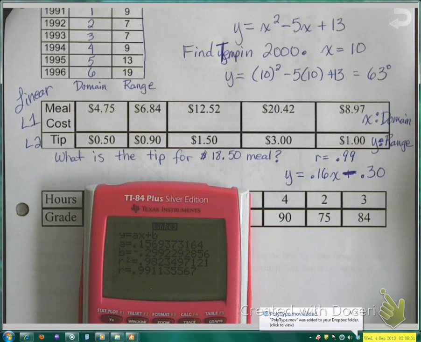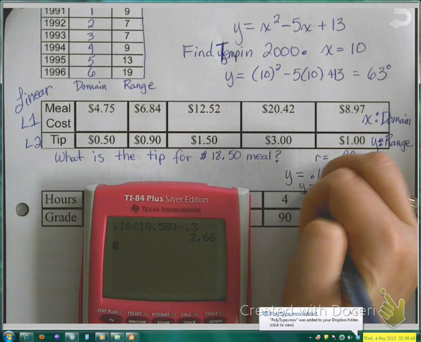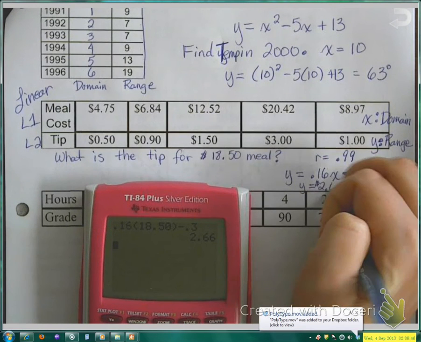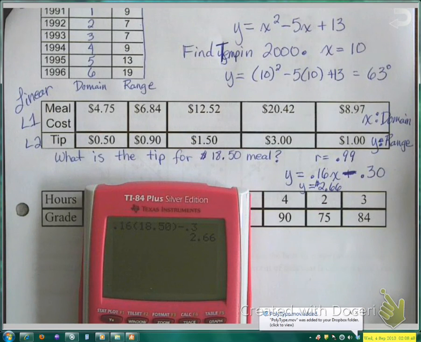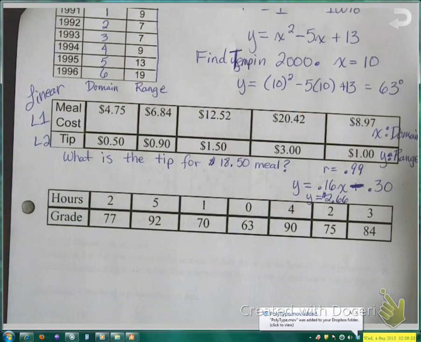So we're going to plug that in for x, and we would see that the tip, or the y value, would be equal to $2.66. That's not a very good tip. Maybe this was a few years ago. Okay? And that would be 2 examples of real-world problems. Done.